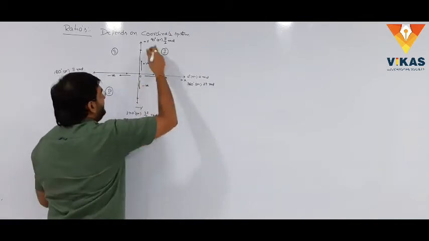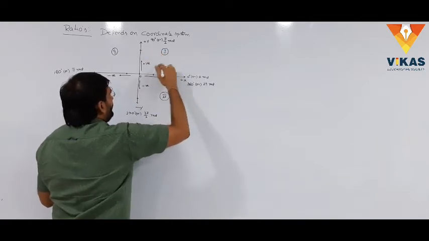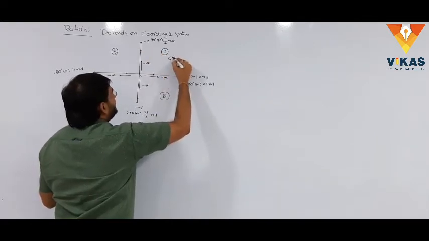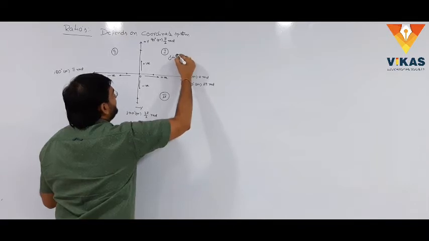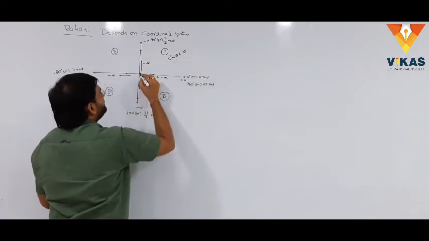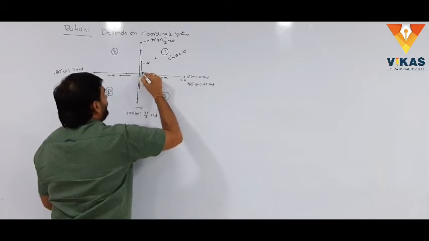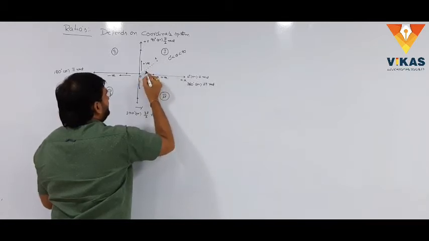Suppose we want to measure the angle in the first quadrant: 0 degrees is less than theta, which is less than 90 degrees. Suppose we mention a point A, and we draw a line; it will be treated as theta.